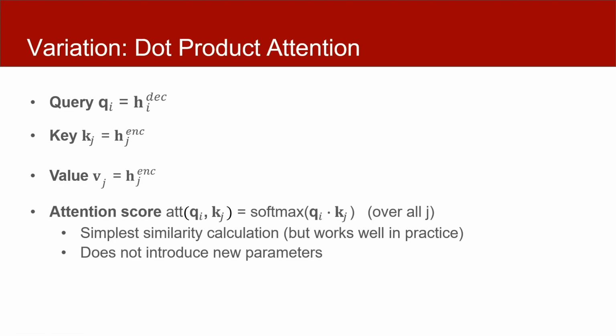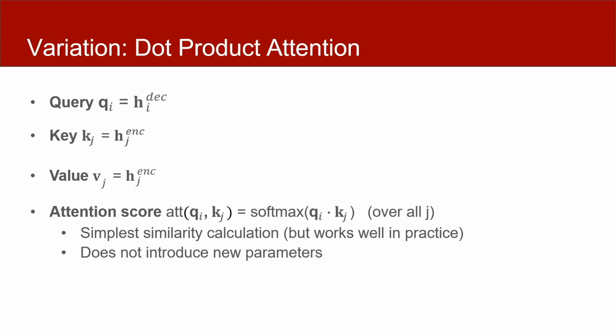So for the dot product attention, we basically use the current hidden state of the decoder as the query, and use each hidden state of the encoder as both the key and values. We simply compute the dot product of the query and the key over all time steps j, and we run that through a softmax layer, and we get our attention scores.